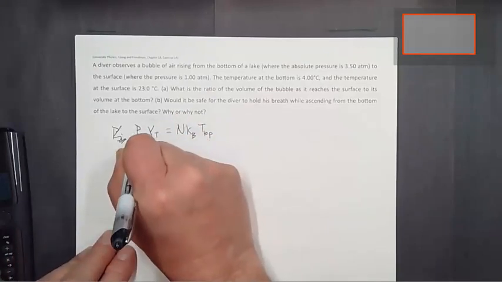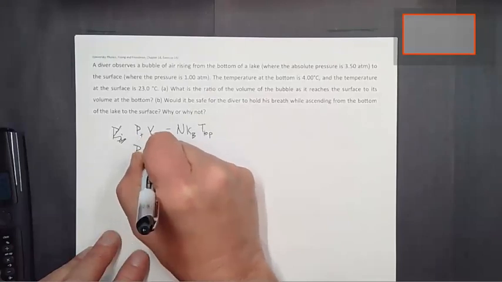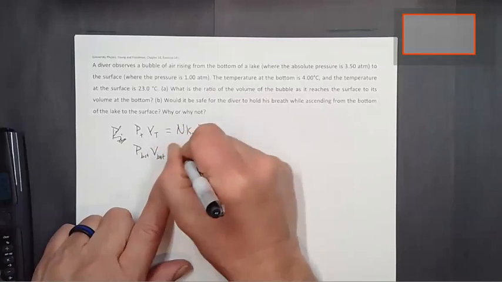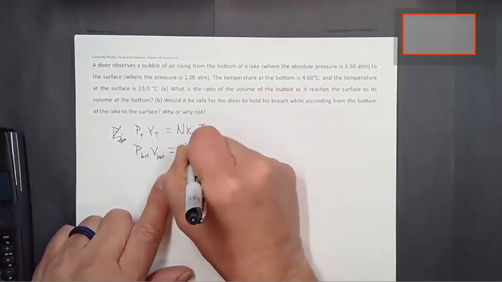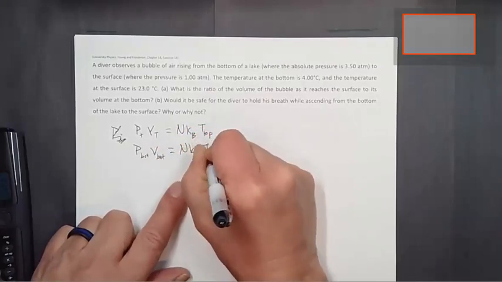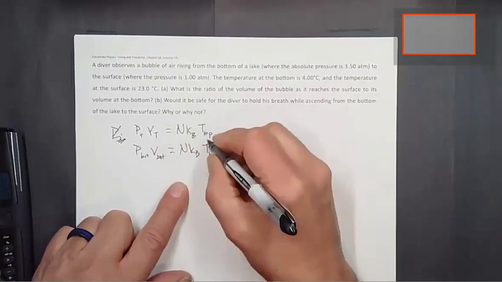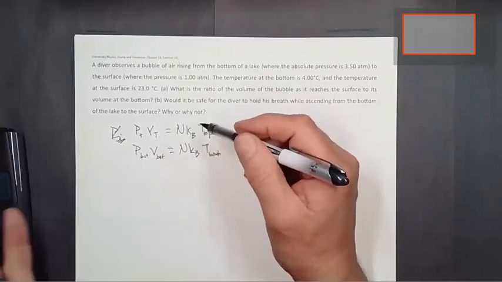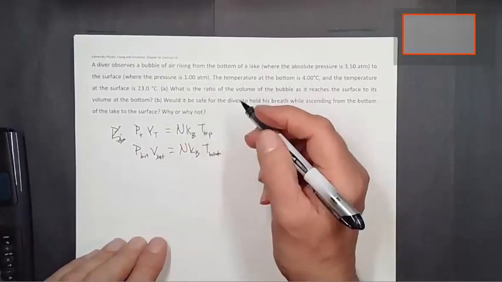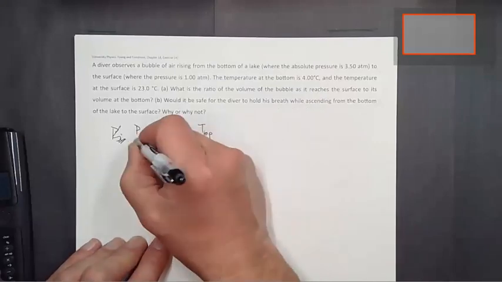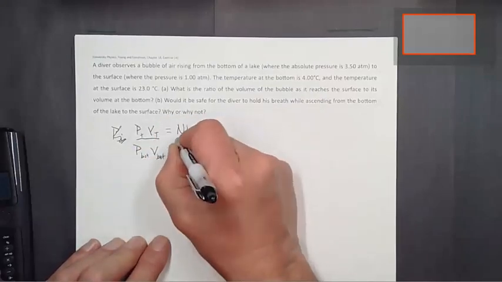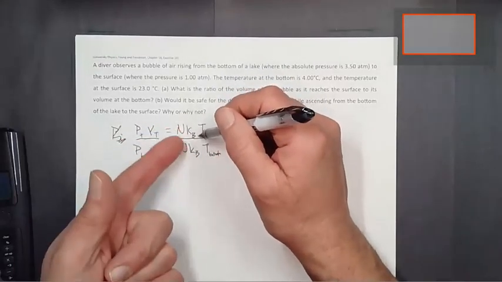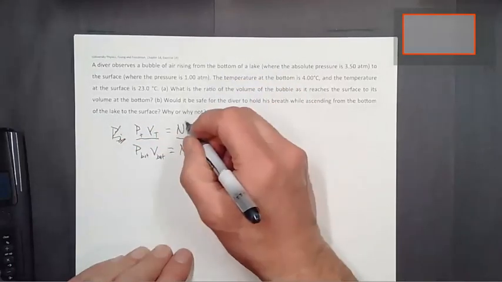At the bottom, we'd have the pressure at the bottom, the volume at the bottom, equals N k sub B, the temperature at the bottom. I'm not going to stick any numbers in until I get this simplified and reorganized the way I like it. As you can probably guess, I'm going to divide one of those expressions by the other, and the number of particles and Boltzmann's constant will divide out.